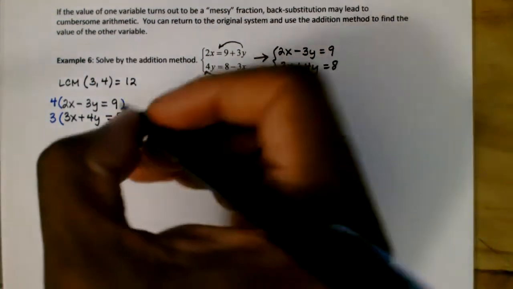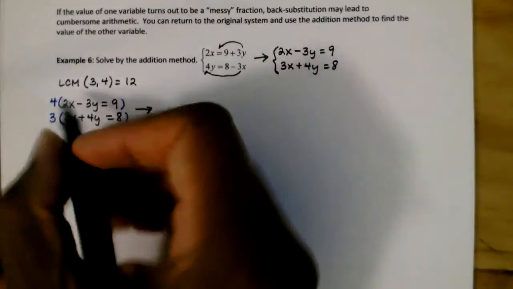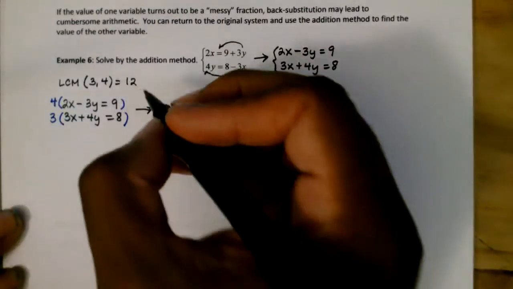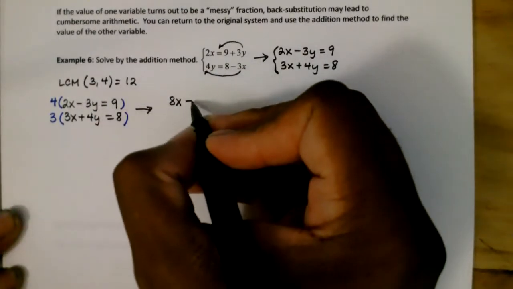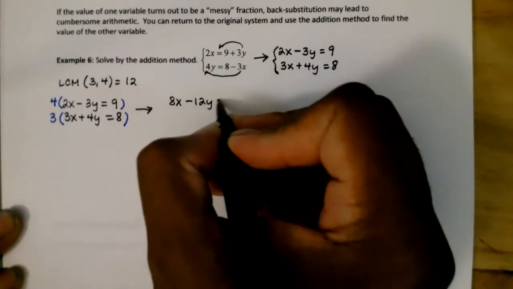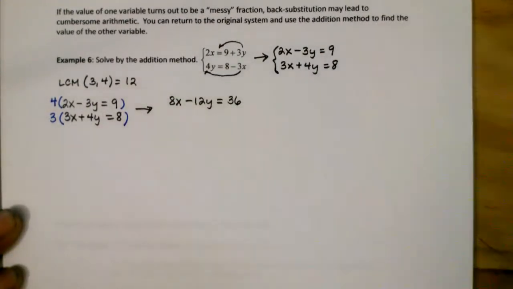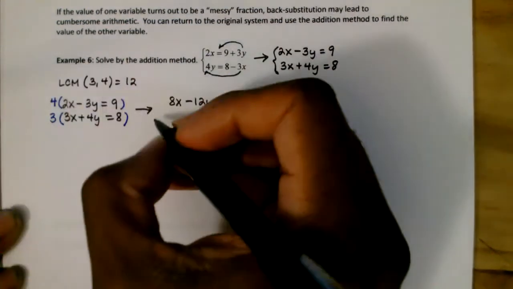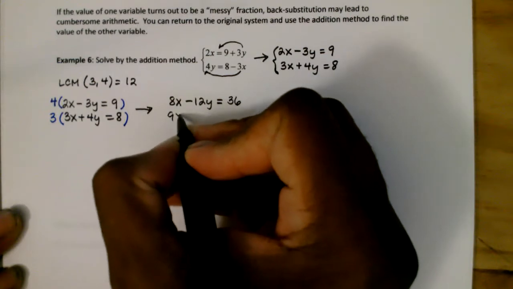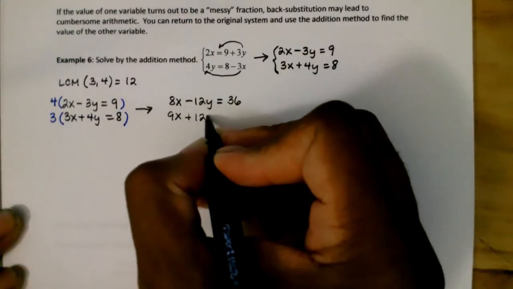All right, in the meantime, if we multiply that top equation by 4, this is what I'll have. 4 times 2x is 8x, minus 4 times 3y, which is 12y, equals 4 times 9. That'd be 36. And then for the second equation, 3 times 3x is 9x. 3 times 4y would be plus 12y.